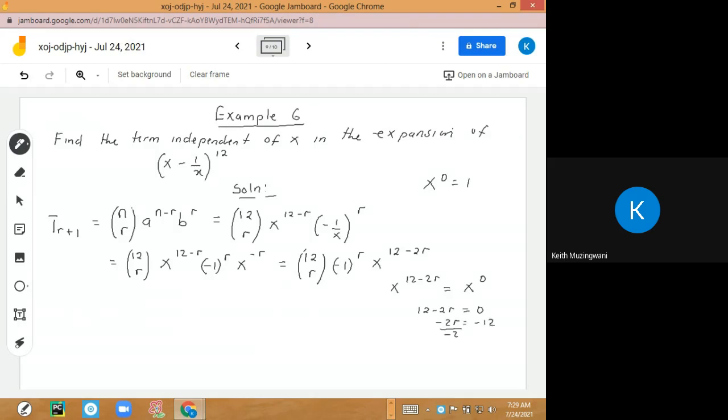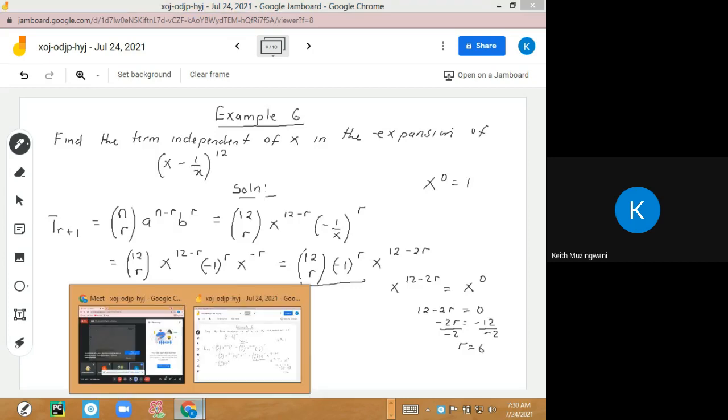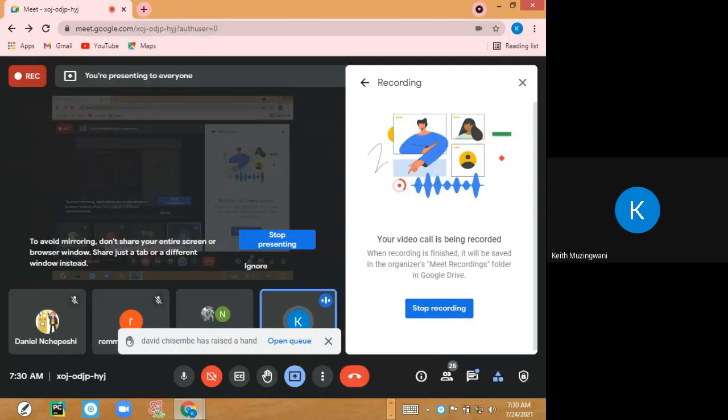Divide by negative 2, divide by negative 2, r is equal to 6. So when r is 6, you come here and say 12 choose 6, negative 1 power 6. And then there's no need of saying x to the power 12 minus 2r because you are sure it will be 0 there.